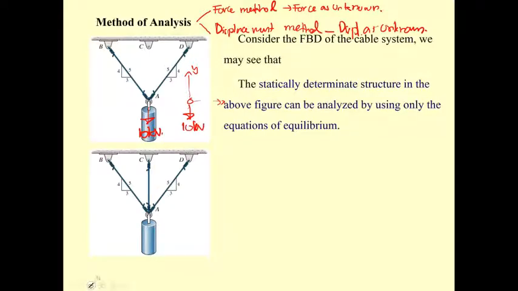We have the force F sub AD along this cable, and also F sub AB along this cable, and the directions are 3-4 and 4-3.